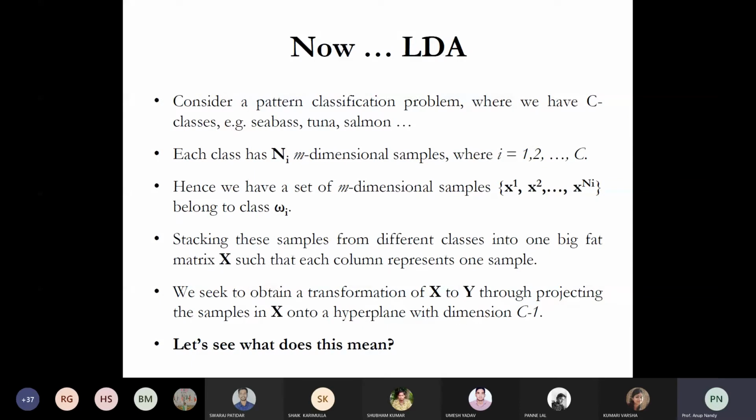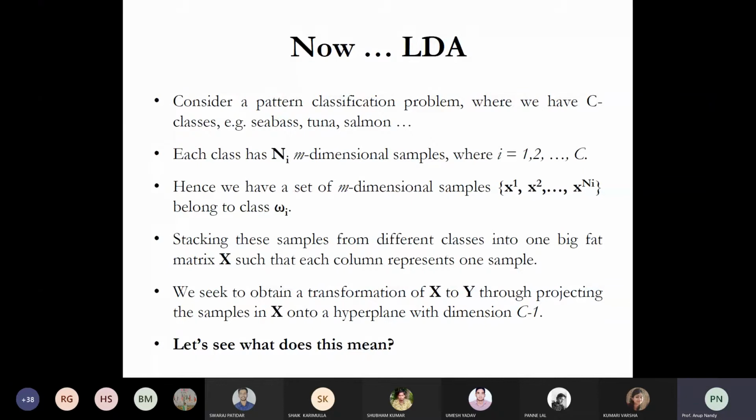has d dimensional samples. Each class has ni samples, where i is from 1 to C, meaning n1 samples belong to w1, n2 samples belong to w2, and so on.